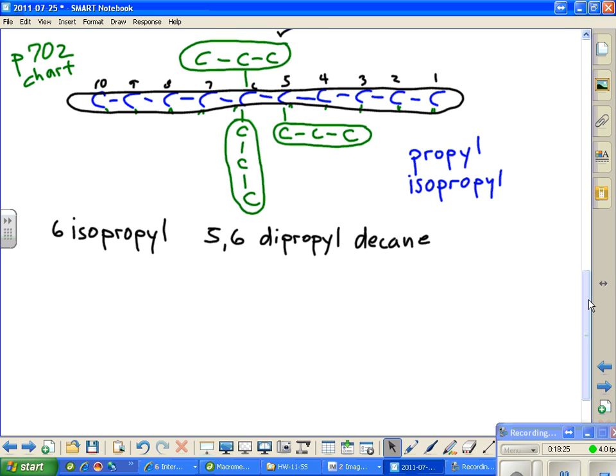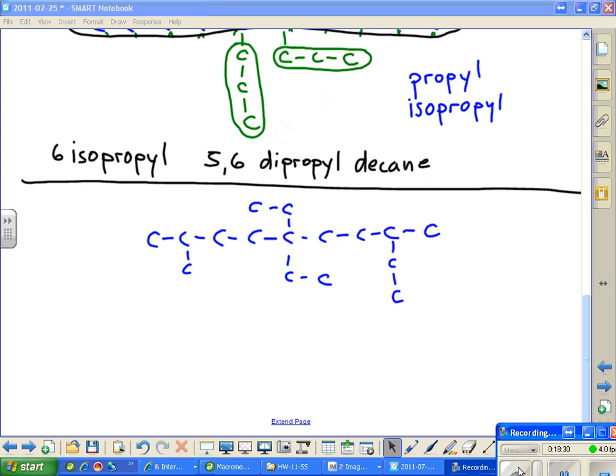Now, let's do another one. And all right, now we have to figure out who the longest chain is. Okay, the longest chain is going to be starting at any end, going to any other end. So let's start the traditional way that you think.